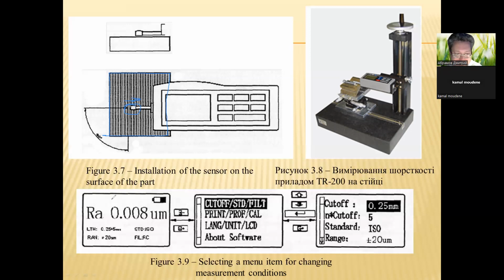So you can see the screen of our device TR200 and the process of selecting a menu item for changing measurement conditions. We use the first button and then we can change the measurement conditions.